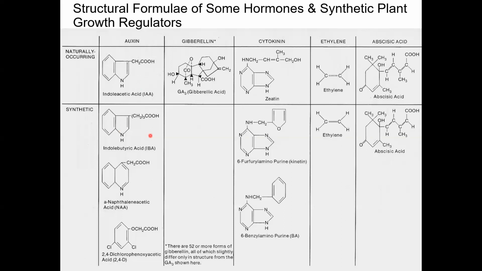They're just called synthetic regulators. 2,4-D is a good example of that, and so is 2,4,5-T, which is similar, if I'm not mistaken, to Agent Orange. Those can cause abscission or defoliation. They're synthetic auxin herbicides developed and used for weed control.